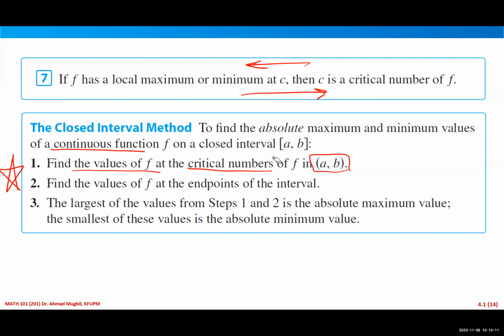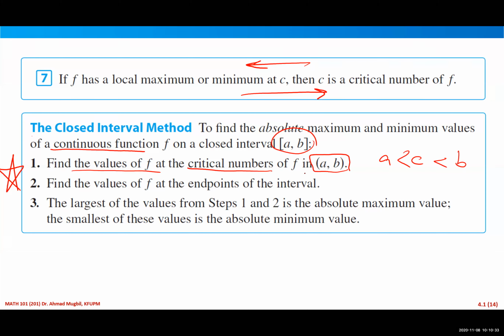They will usually be some numbers between a and b, not necessarily equal to a and b. Usually this will happen, guys, because the domain of the derivative is usually smaller than the domain of the function.